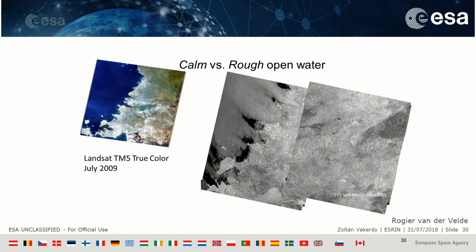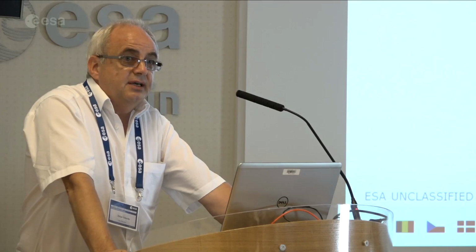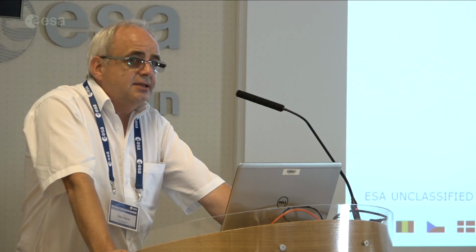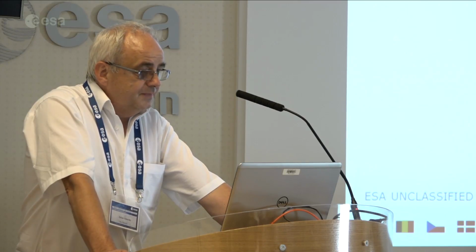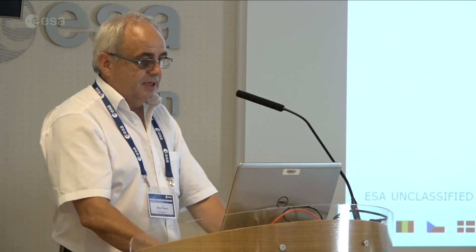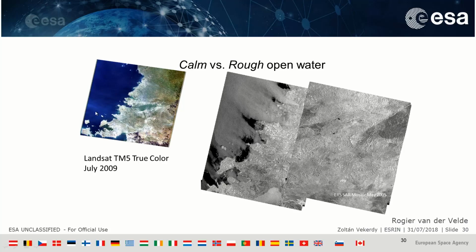I would say that this is a good method as long as you have a smooth surface. The moment you have waves, and those waves are not very nicely oriented in relation to your sensor, then look at this image, a Landsat 5 image of a shoreline, which cannot be identified on a radar image simply because of the wind and the waves.